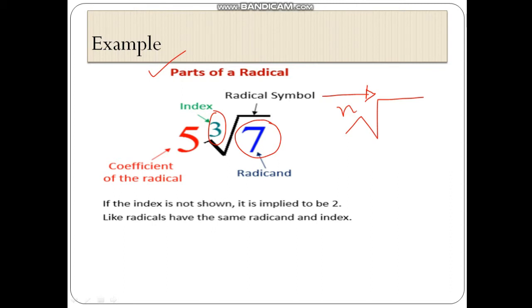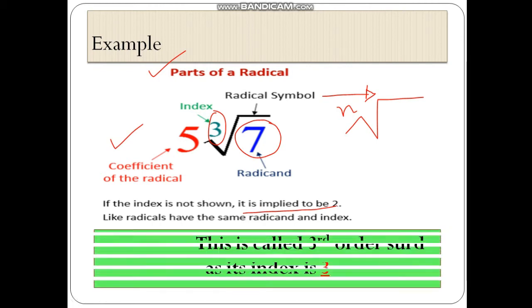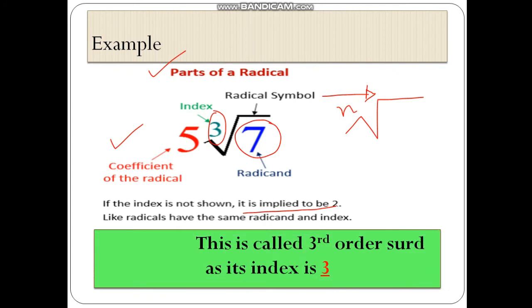And whatever is with the surd is the coefficient of the radical. If the index is not shown, it is implied to be 2. तो ये of course सी बात है कि वो 2 ही होगा. Like radicals have the same radicand and index. Fine. This is called a third order surd.